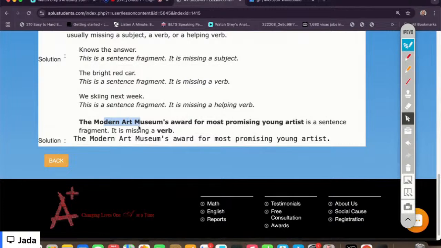The Modern Art Museum's award for most promising young artist is a sentence fragment because it is missing a verb. We do not know what happened to the Modern Art Museum award. All right, so we will move on to the test and you can share your answers with me.